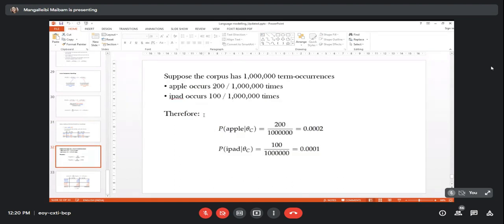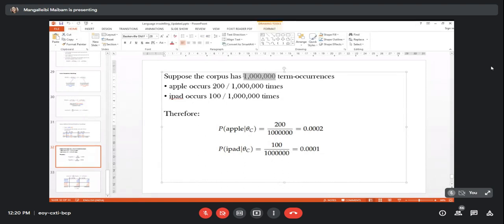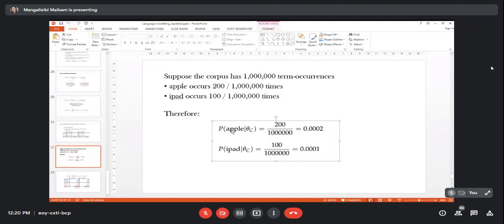But if apple occurs 200 times in the entire collection, and our entire collection has 10 to the power 6 term occurrences, then the probability for apple in the entire collection is 200 divided by 10 to the power 6, which is equal to 0.0002.